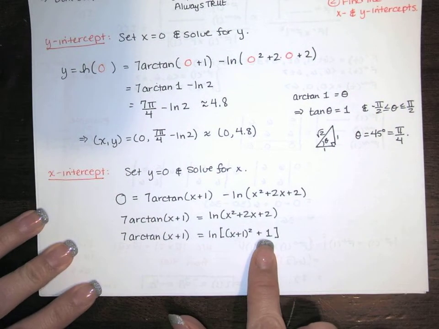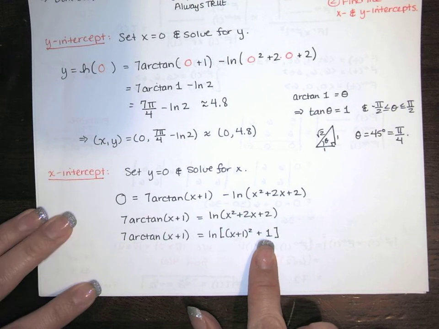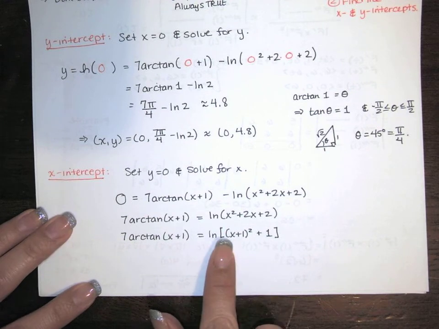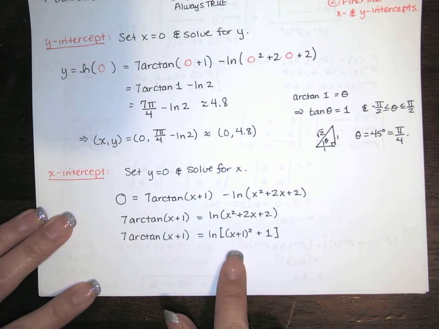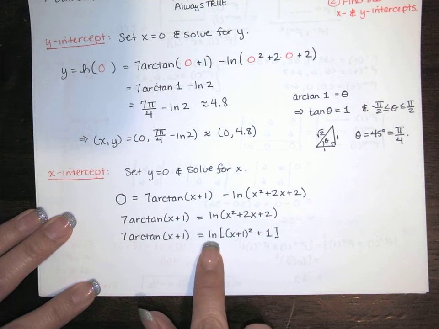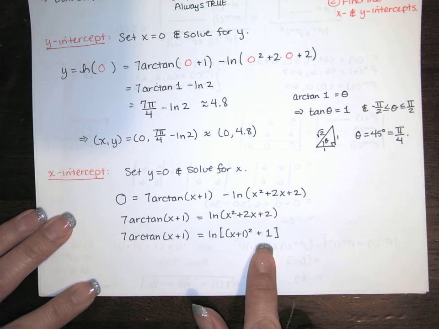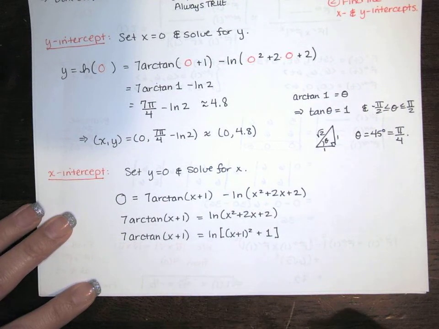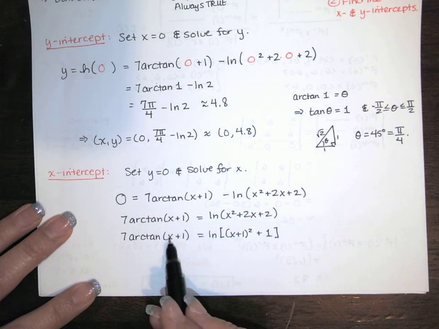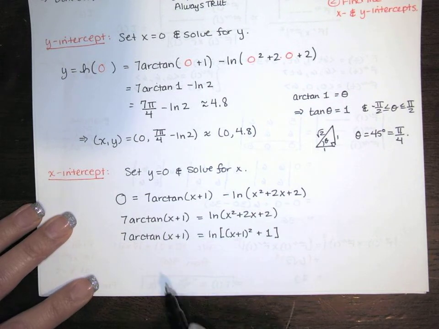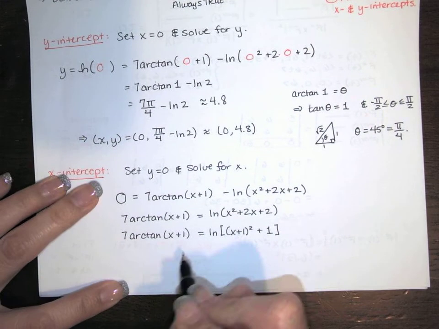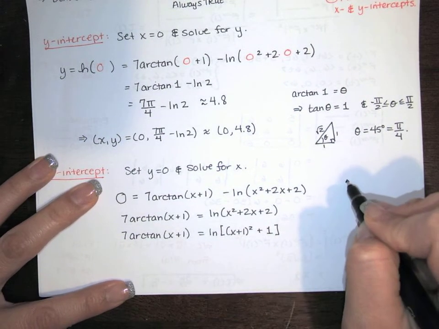Now that's well defined for all real numbers. But when x equals -1, we're going to have the smallest possible value of this logarithm, and the smallest value of that logarithm will be natural log of 1. And natural log of 1 is 0. And it turns out that arctangent of 0 is also 0. So let's graph the two functions.